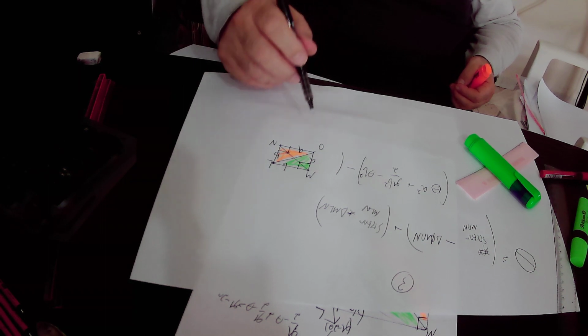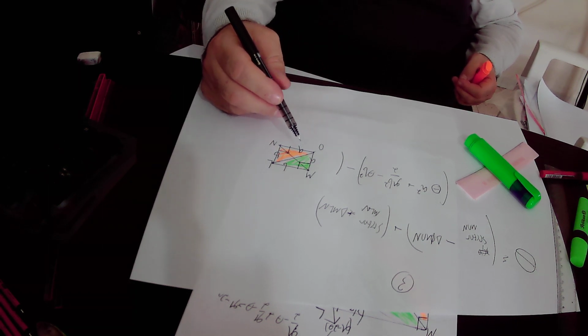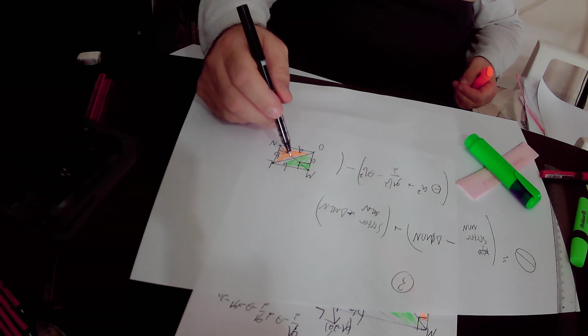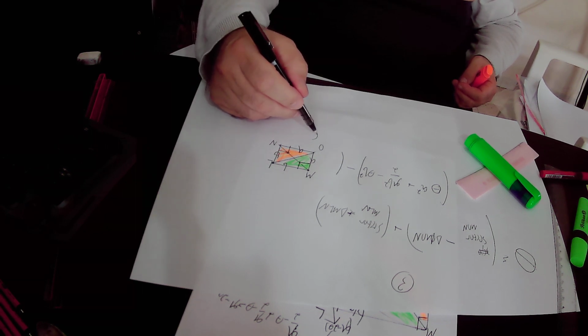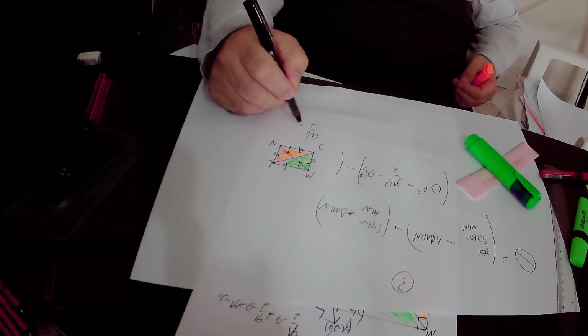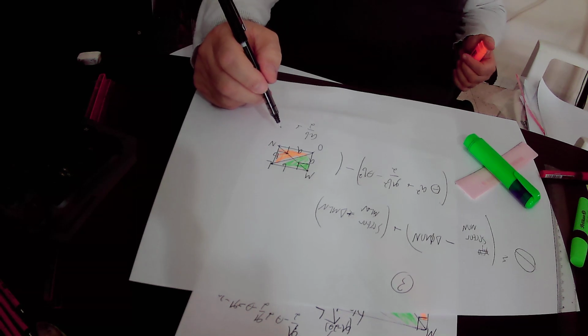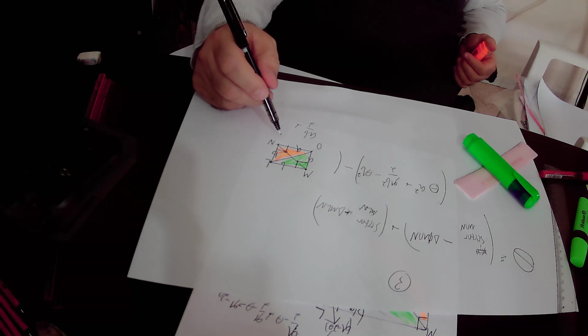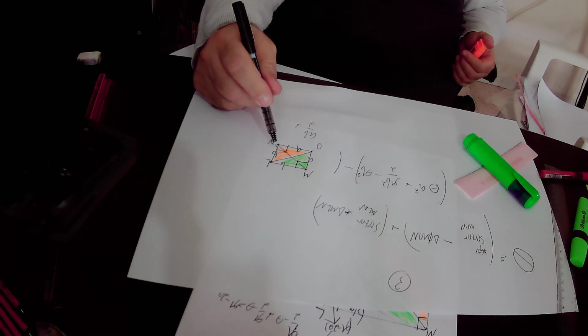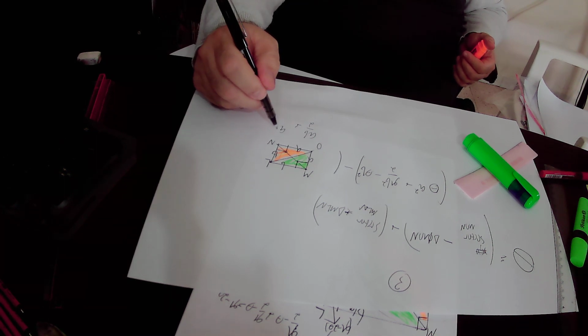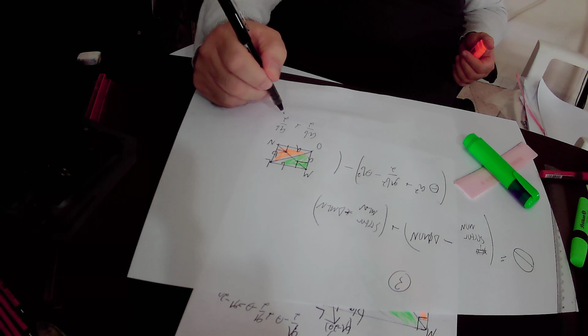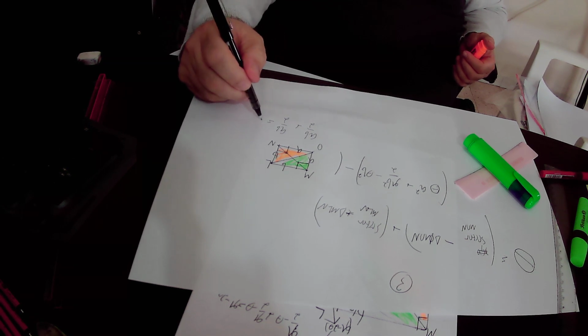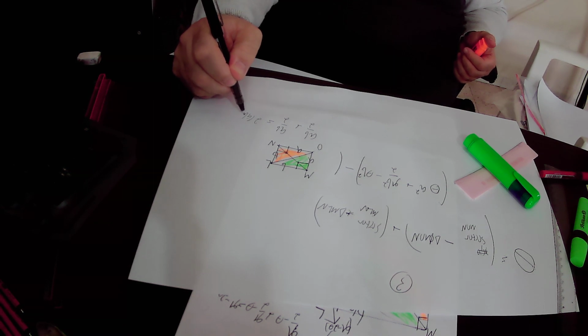So the area of the green right triangle is the base times the height over 2, that is A times B over 2, plus the area of the orange right triangle, whose base is A and height is B over 2, so also A times B over 2. So A times B over 2 plus A times B over 2 equals 2 times A times B over 2.